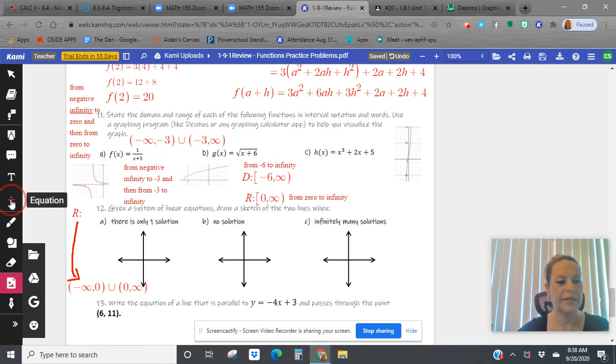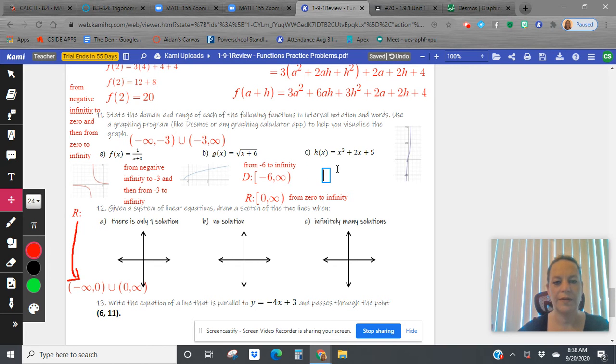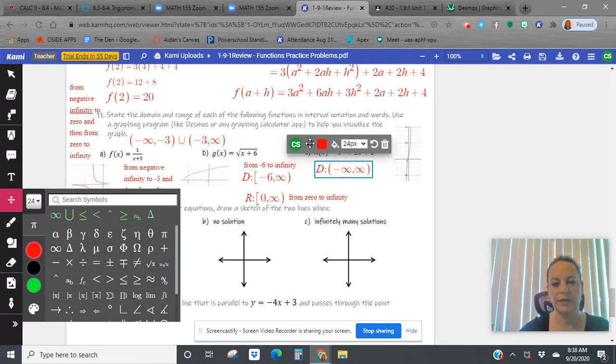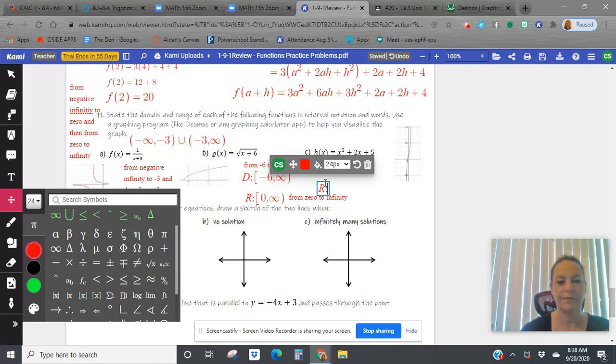So we can say that the domain goes from -infinity to infinity, and that the range likewise goes from -infinity to infinity.